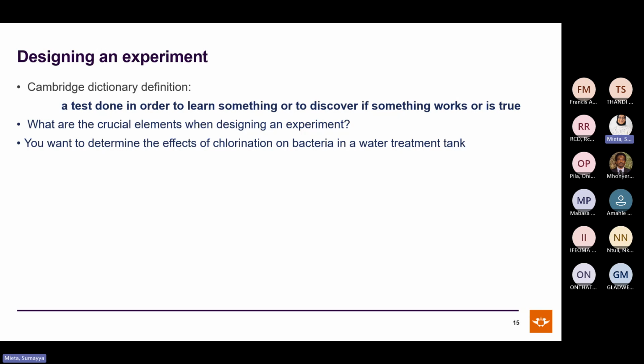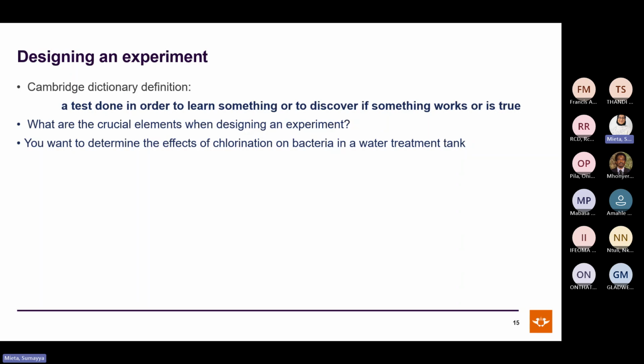I want you to give it some thought because I know every one of us has done an experiment at some point in our life, whether it was at school or in your practicals in your undergrad studies. I just want you to think of what are the components of an experiment.